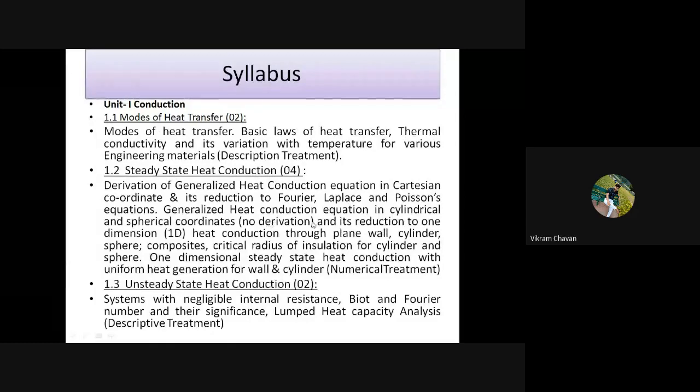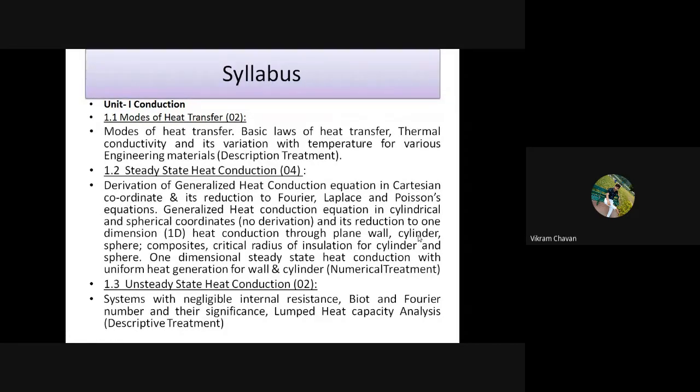Okay, so there is no derivation for the cylinder and sphere. But the important thing is the generalized heat conduction equation. Okay, most important derivation from this particular chapter. Okay, so there is a derivation for cylinder also, there is a derivation for the sphere also, and its reduction to one dimensional. Okay, so one dimensional heat transfer.